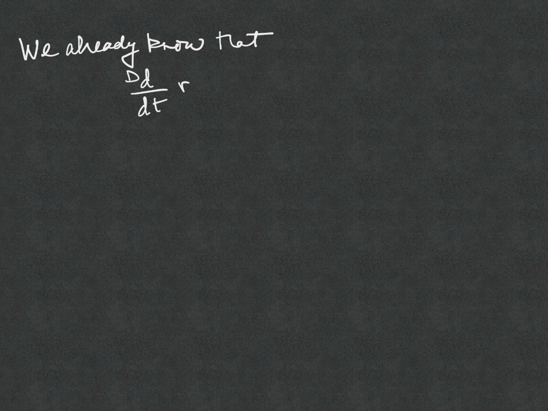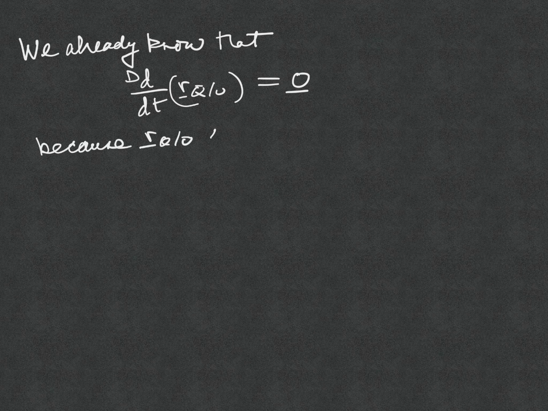So we already know that the rate of change in D of the position of Q relative to O is 0 because the position of Q relative to O is fixed in D. So that first term in the transport theorem in this particular case is 0.